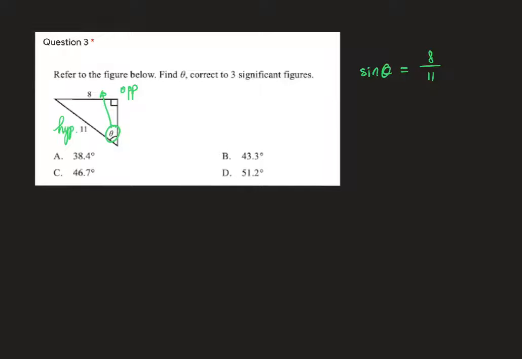And students, pay attention here. In order to find theta, how to find this one? In your calculator, you should input these buttons in sequence: Shift, sine, open bracket, 8 over 11, close bracket.